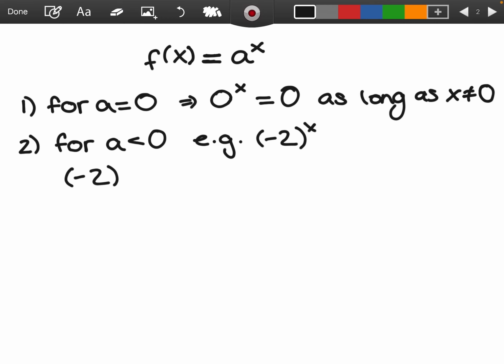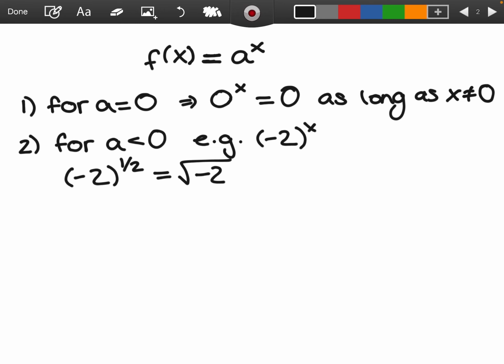I can't square root a negative number. So if I ever ended up with negative 2 to the power of 1/2, that's the same thing as saying I'm taking the square root of negative 2. That's not a real number, so we don't consider that.